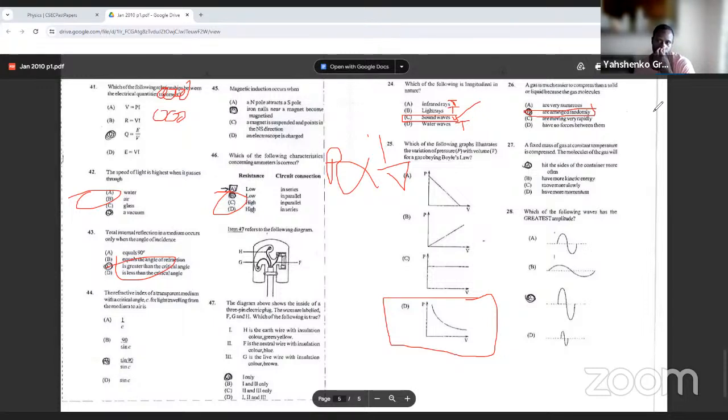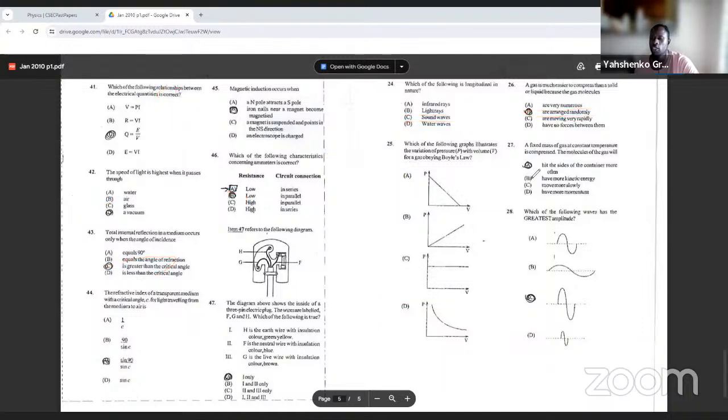All right. Let's go again. A fixed mass of gas at constant temperature is compressed. Compression, constant temperature. The molecules of the gas will. So let me try and give you a visual of what is going on here.